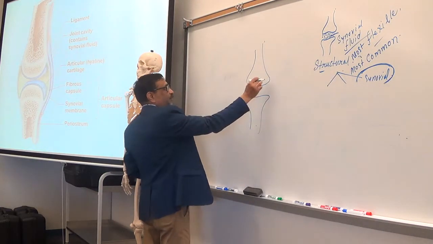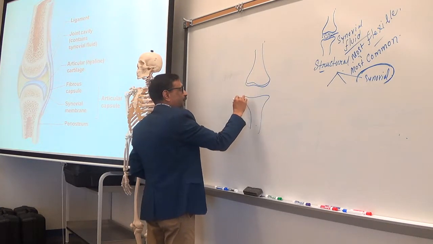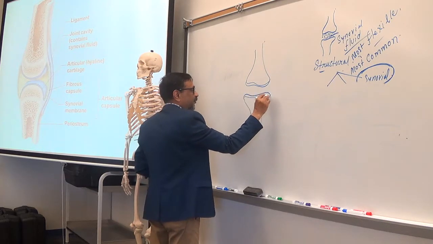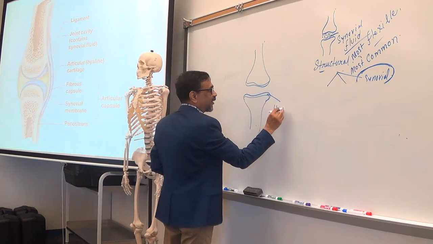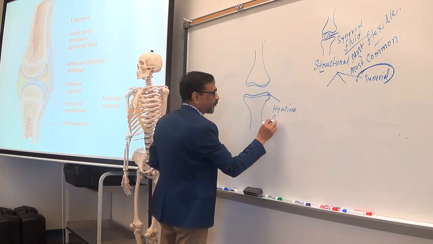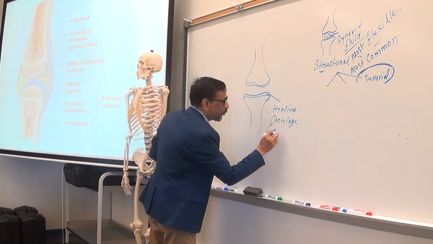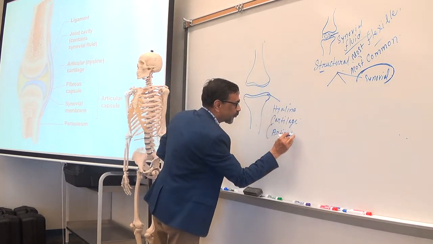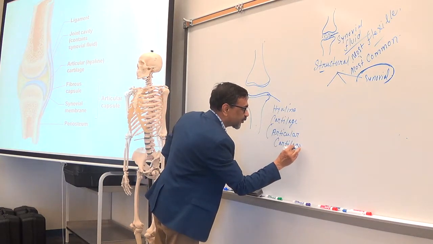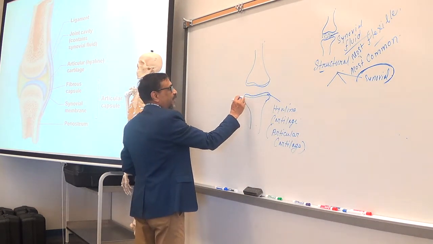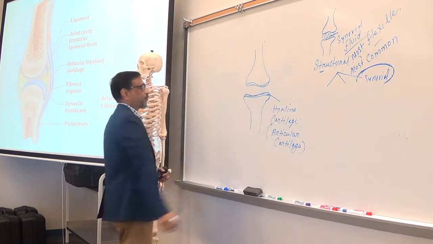First thing you'll see, the ends of the bones are covered by hyaline type cartilage, also called articular cartilage. So articular cartilage is a hyaline type cartilage that covers the end of the bones in the joint. Number 1.